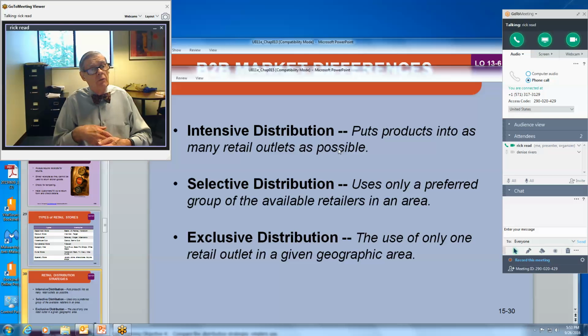So we're going to be outside of an industrial area. And that selective distribution may be even more refined than that. We may want to go to areas where there are colleges and universities. Or on the flip side, we may want to avoid those areas.